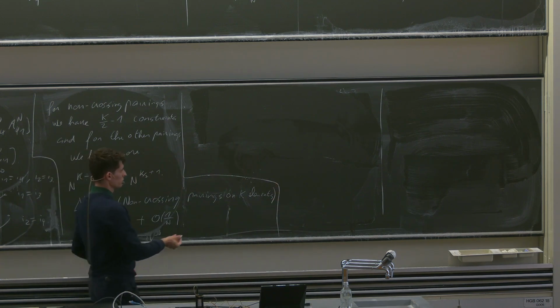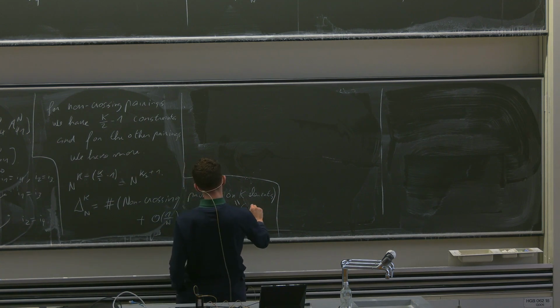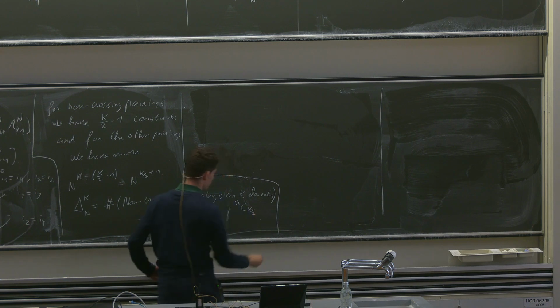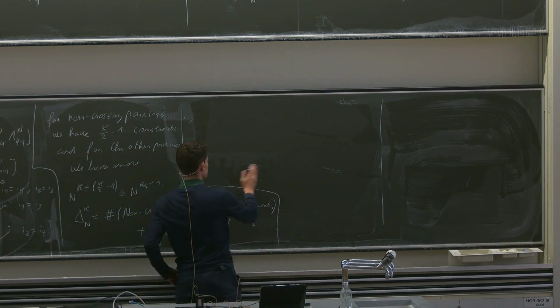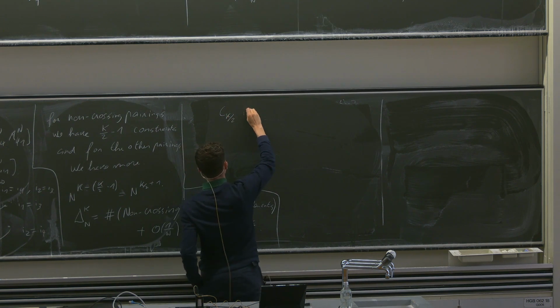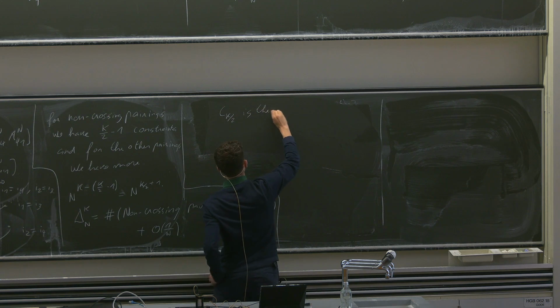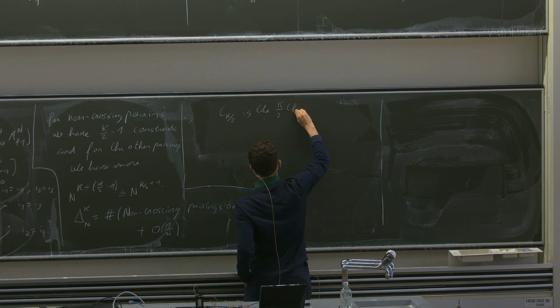I'm going to call this quantity c k divided by 2, and this will be clear in a second why I divide this by 2. The statement is that c k divided by 2 is the k divided by 2 Catalan number.